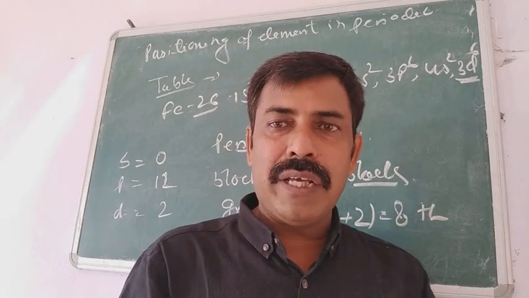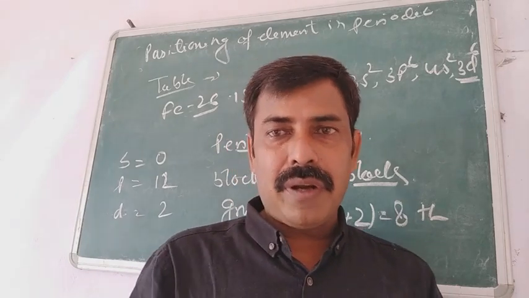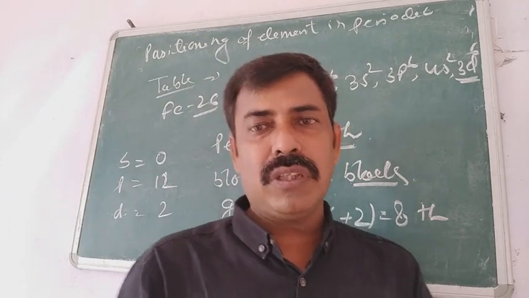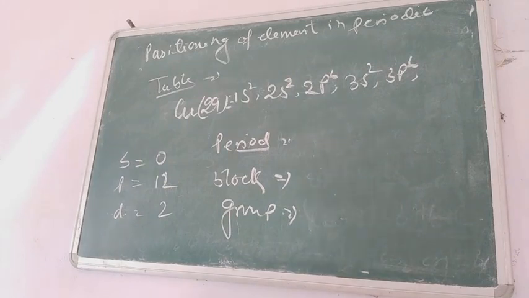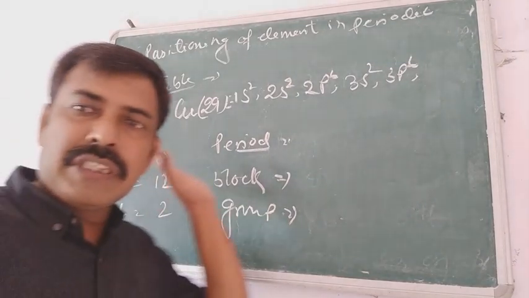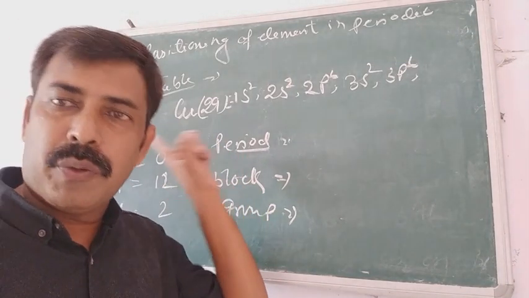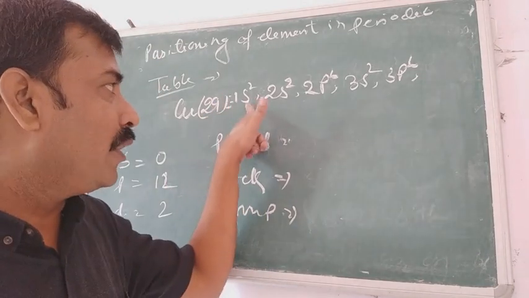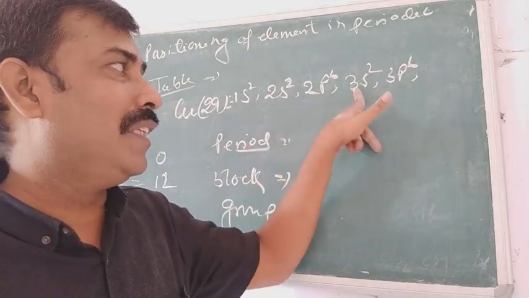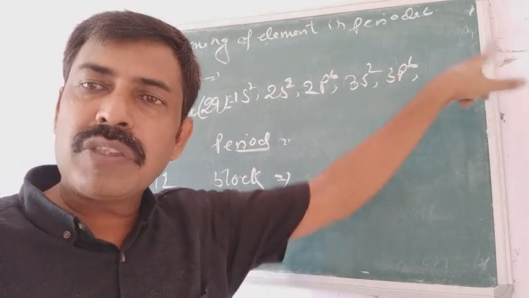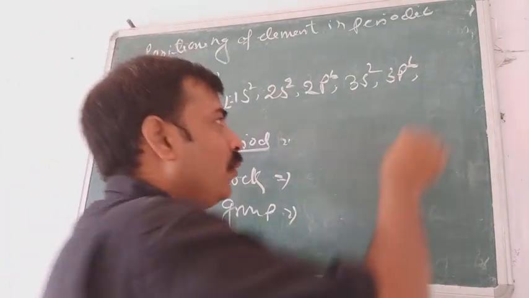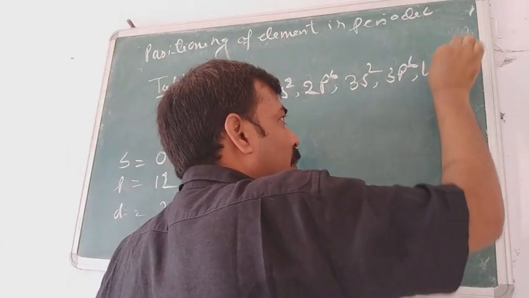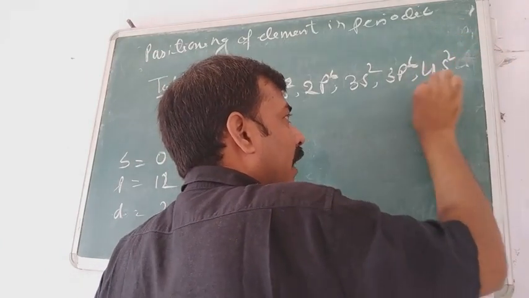I am trying to explain by taking the example of copper, how we will position copper. So here it's copper, atomic number 29, electronic configuration 1s2, 2s2, 2p6, 3s2, 3p6, 4s1 and 3d10, that is the exceptional configuration. But in general, it will be 4s2, 3d9.